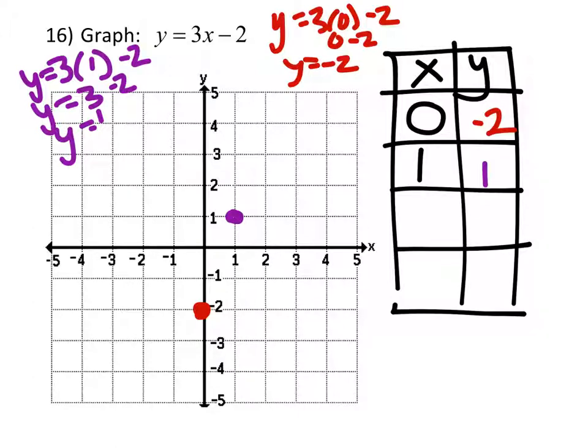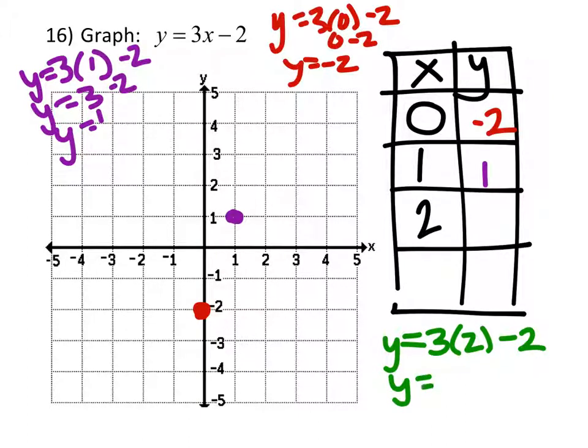Now we only need one other point on this because we only need 3 points. So maybe we just move 1 more to the right, 2, and see if that works. So y equals 3 times 2 minus 2. So y equals 6 minus 2, and y equals 4. So we have this point 2, 4 right here.